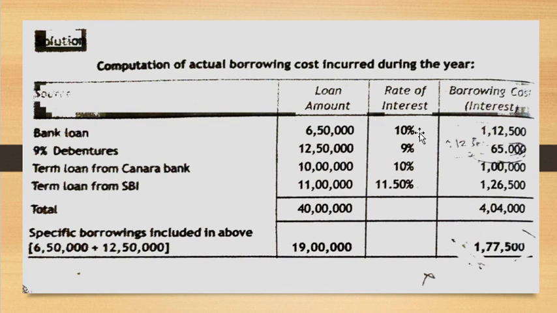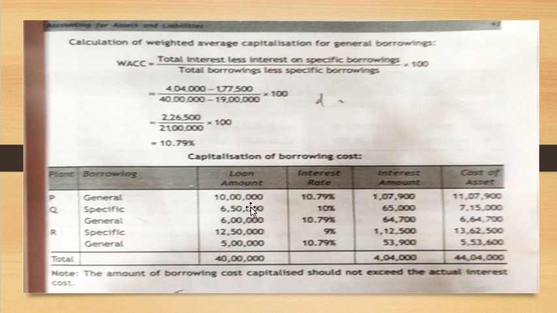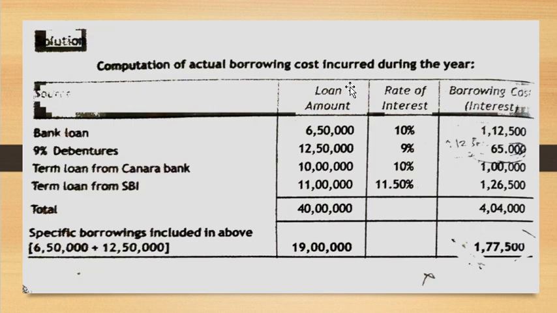So your total interest is 4,04,000. Then your specific borrowing interest is 1,77,500. So it is 4,04,000 minus the interest on specific borrowings, 1,77,500, divided by total borrowings less specific borrowings. Your total borrowings are 40 lakh. Your specific borrowing is 19 lakh.